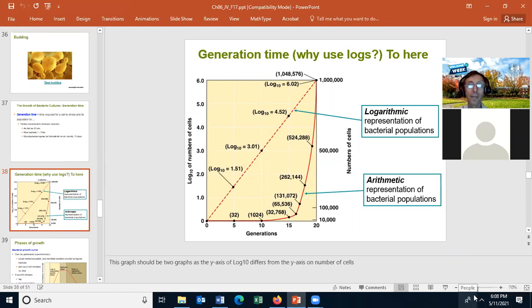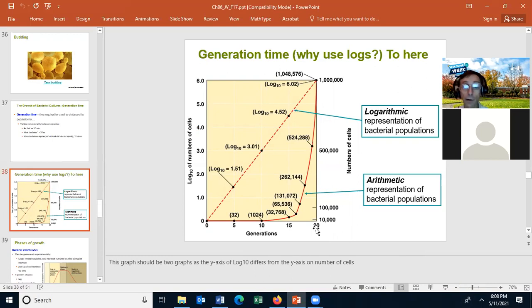Okay, thank you. When we plot the generation time, we use a semi-log plot. And it's not a log plot because the generation is linear, and that's the number of generations we're looking at.